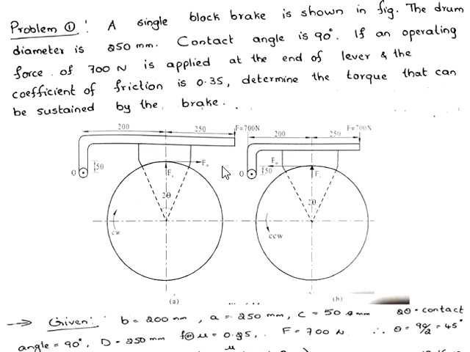You can refer your data book. In third diagram, fulcrum lies in between Ft and center of drum. So in this diagram, if you consider, fulcrum lies in between Ft and center of drum.